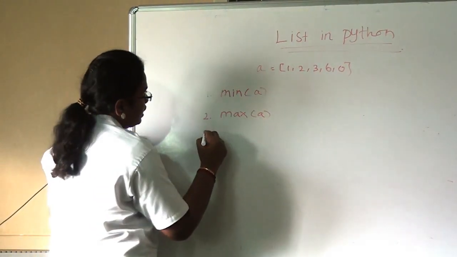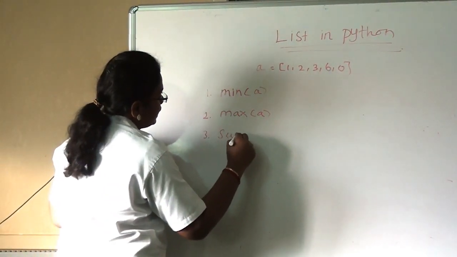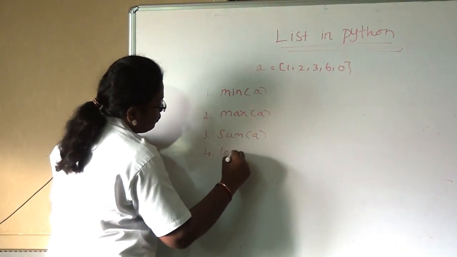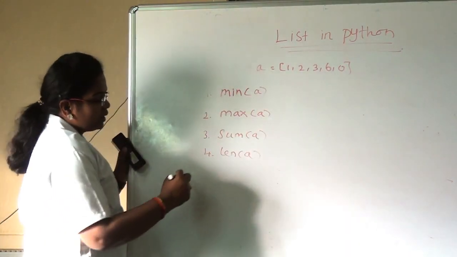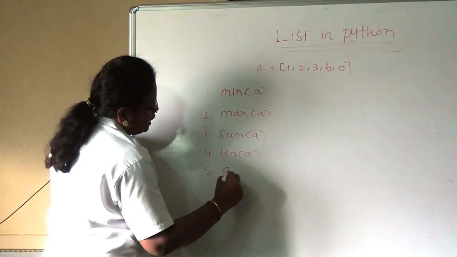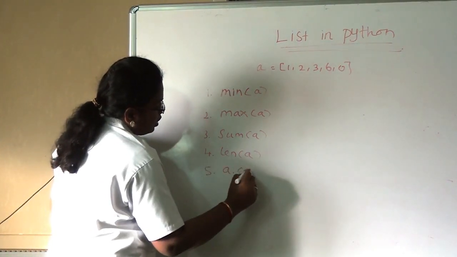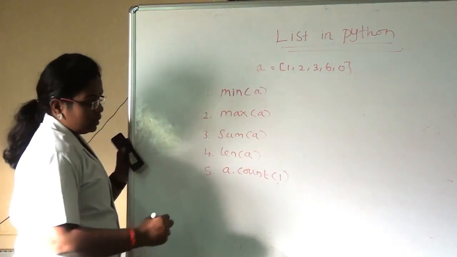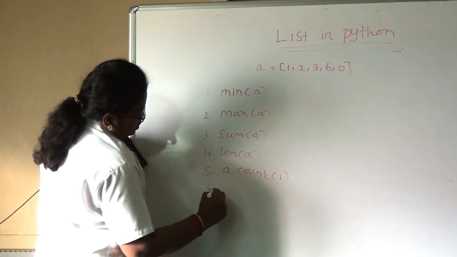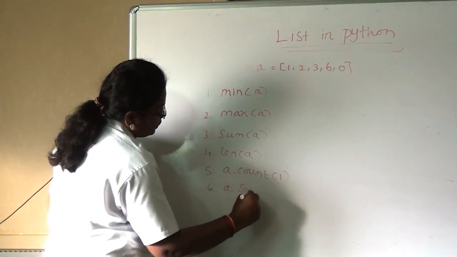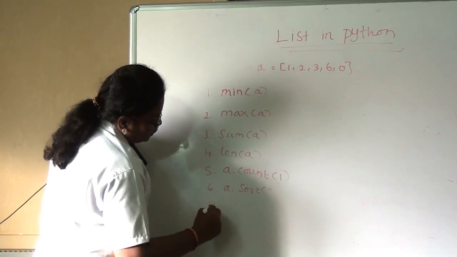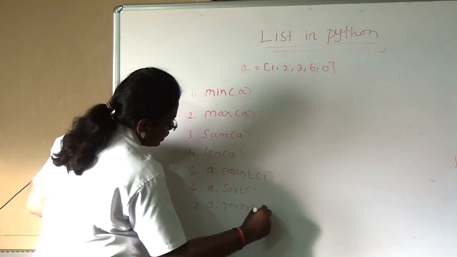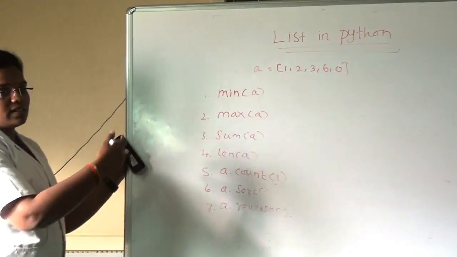Then the third one is sum(A), the fourth is len(A), the fifth is A.count(1), the next is A.sort(), and the seventh is A.reverse(). I can explain the methods one by one.